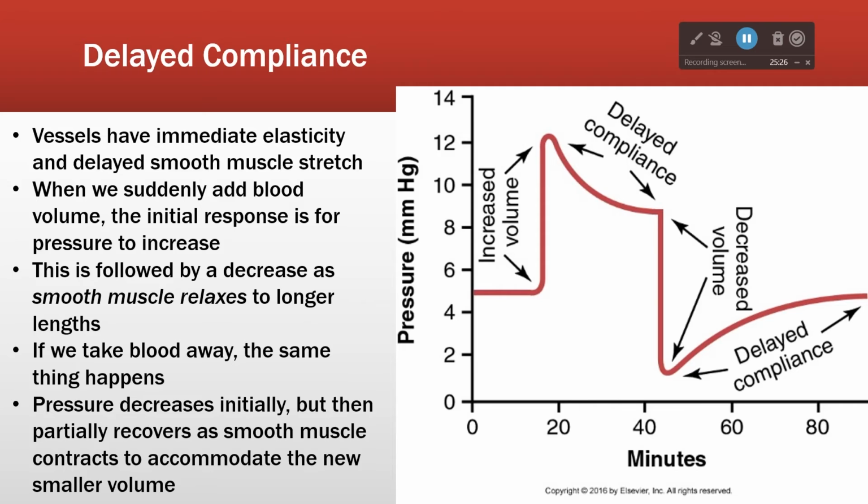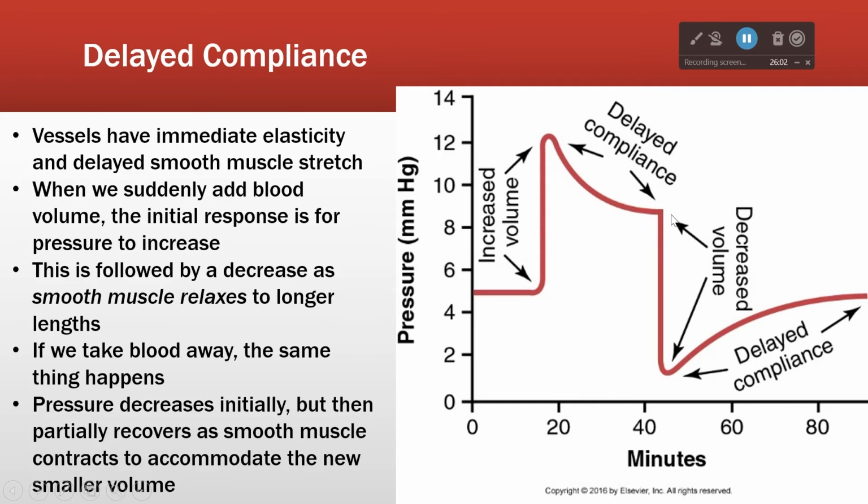In other words, the vessels are going to grow larger to accommodate the additional volume. So while we do get an increase in pressure initially, that increase in pressure starts to fall off. Now, it doesn't go all the way back down to where we started, right? But the big pressure increase we get from adding volume does reduce as we wait a while, okay? That's delayed compliance. Elasticity and smooth muscle relaxation is causing an accommodation of this additional volume.